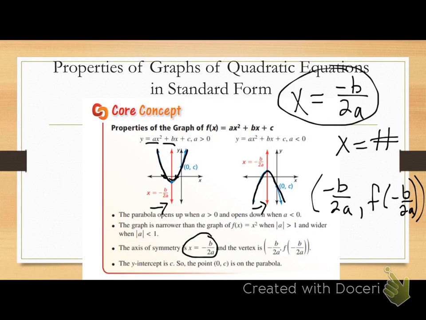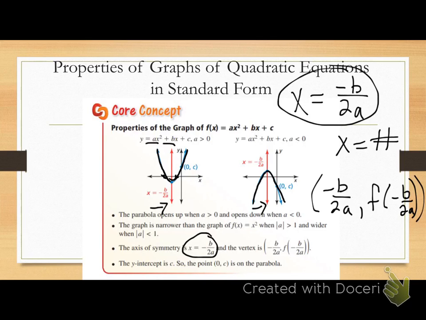That's what you couldn't see, EJ. This is my vertex. The x value is the opposite of B over 2A, and then my y value is f of the opposite of B over 2A. I'll explain that in a little bit when we're doing our example.